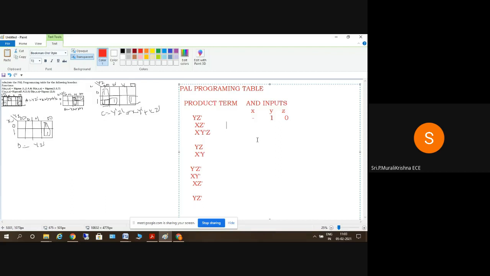And XZ bar is 1 dash 0, and X bar Y bar Z is 0 0 1. And coming to YZ here, it is dash 1 1.